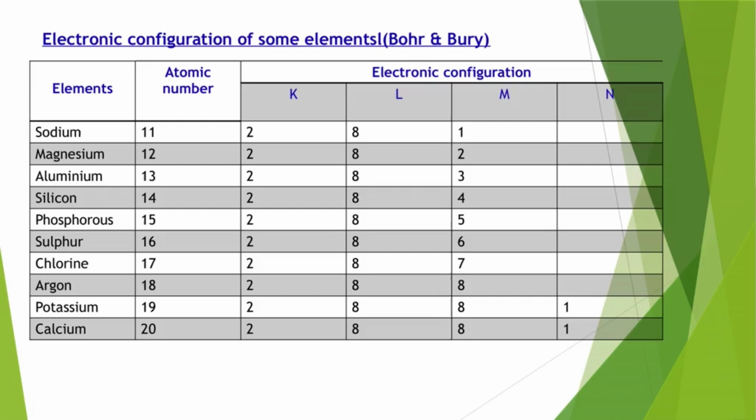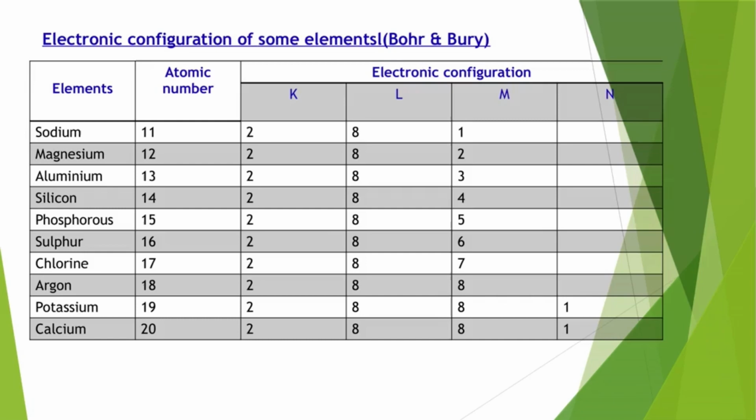Like that, aluminum is 2 8 3, silicon 2 8 4, phosphorus 2 8 5, sulfur 2 8 6, chlorine 2 8 7, and after that argon, atomic number 18, is 2 8 8.